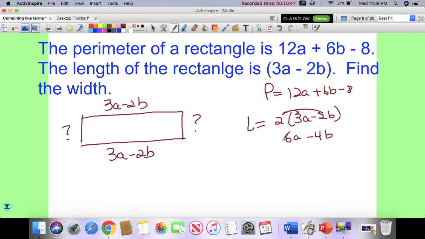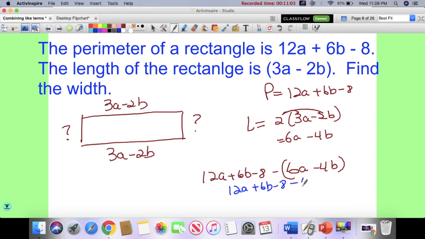Now I can subtract this amount from that. So the perimeter is 12a plus 6b minus 8, and I'm going to subtract 6a in parentheses minus 4b. So continuing, 12a plus 6b minus 8 will be minus 6a, right, because there's a 1 here, and then a plus 4b.